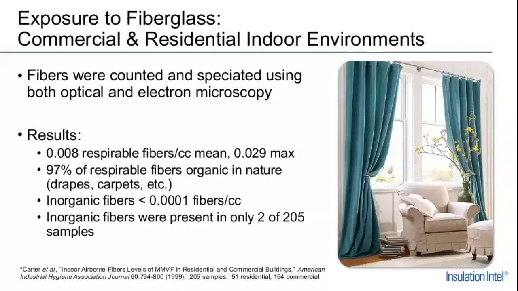The inorganic fibers, like fiberglass or mineral wool, made up less than 0.0001 fibers per cubic centimeter. Even more significant, the inorganic fibers were only present in 2 of 205 samples taken. So you don't see a vast amount of fiberglass or mineral wool fibers entering these indoor environments in residential and commercial applications, even where duct systems might be lined with a fiberglass duct liner.